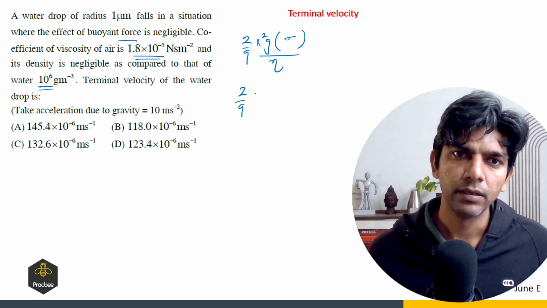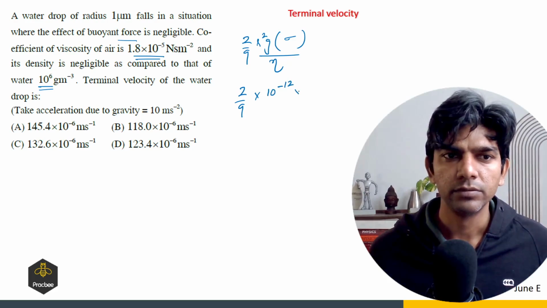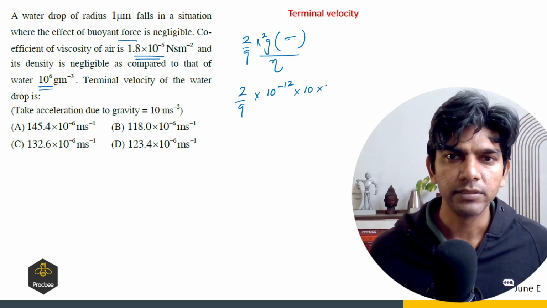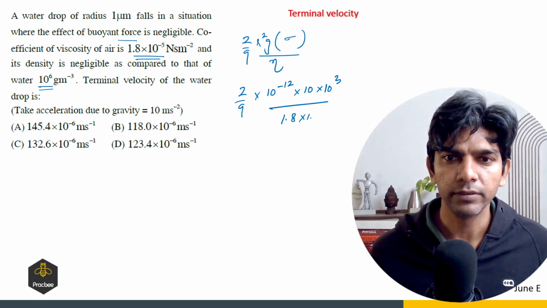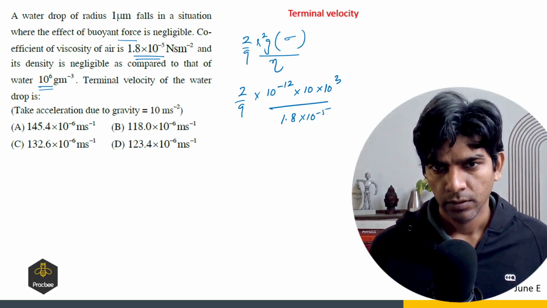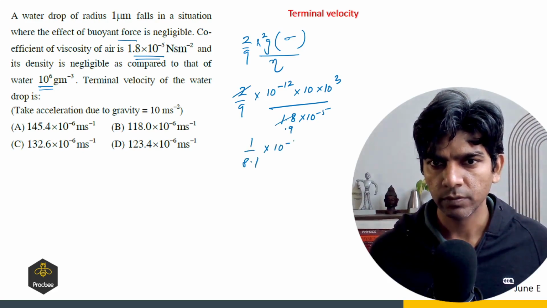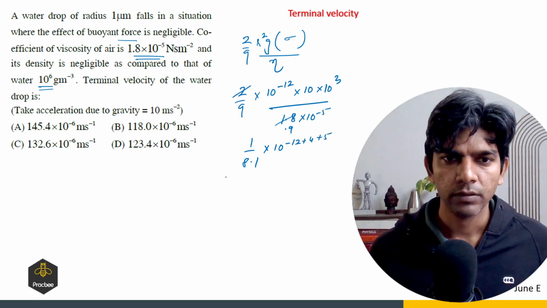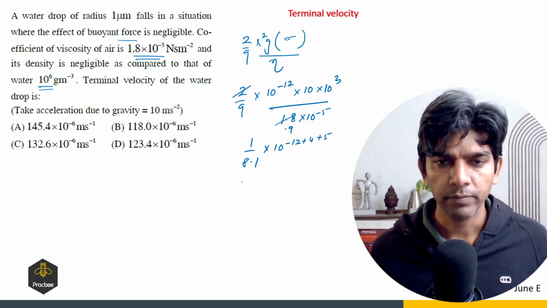So 2/9, r is given as 1 micrometer, so 10^-6, squared gives 10^-12. g is 10, density is 10^3, and eta is 1.8 × 10^-5. Okay, so this will give us 0.9, and then 1 upon 8.1 into 10 raised to power -12 + 4 + 5, so -3.